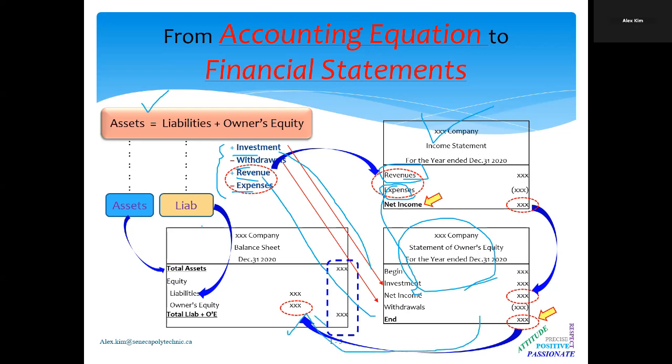Then on your balance sheet, the assets copy to the debit side, and liabilities copy to the credit side, along with liabilities plus owner's equity, exactly the same as assets. So again, assets equal liabilities plus owner's equity.